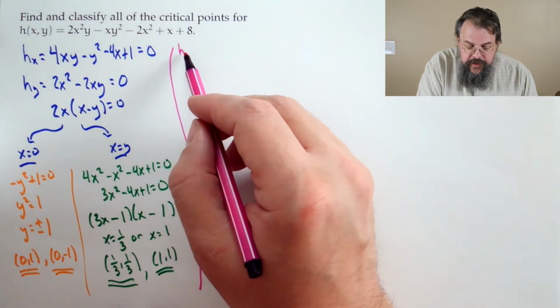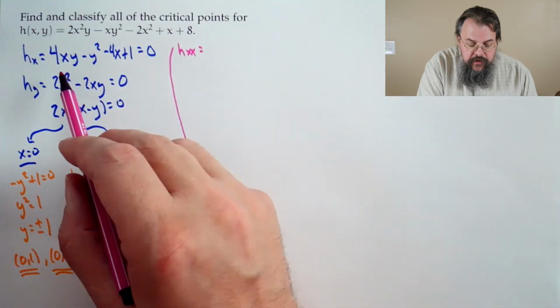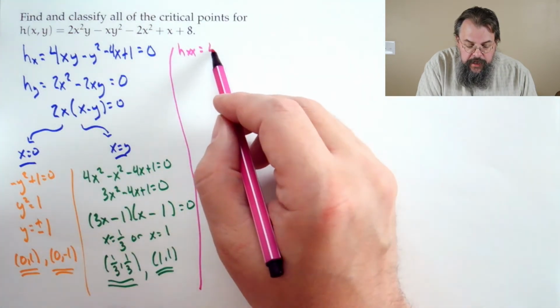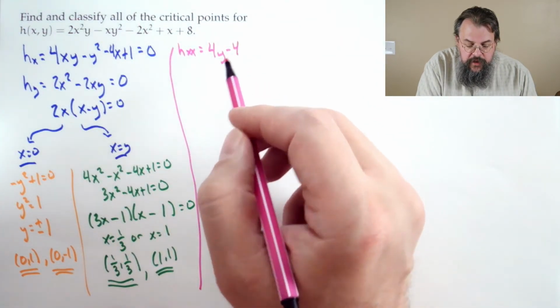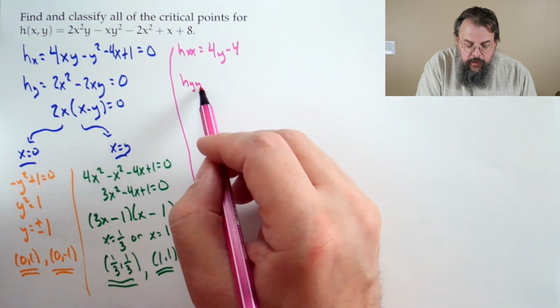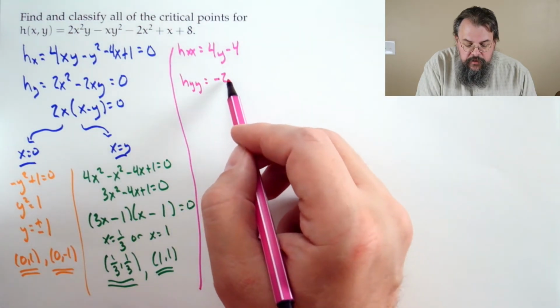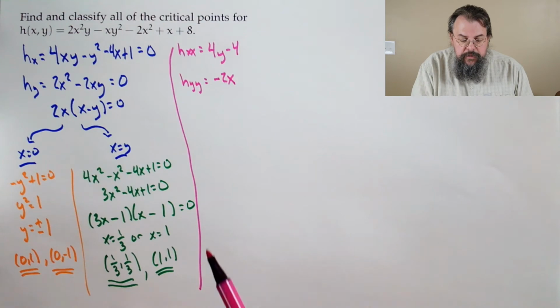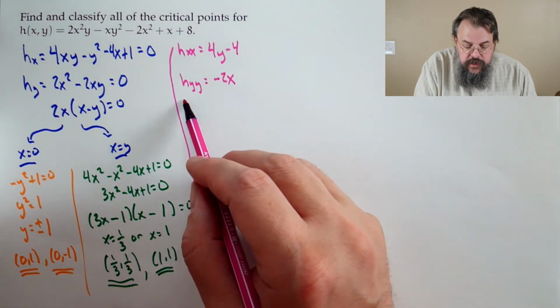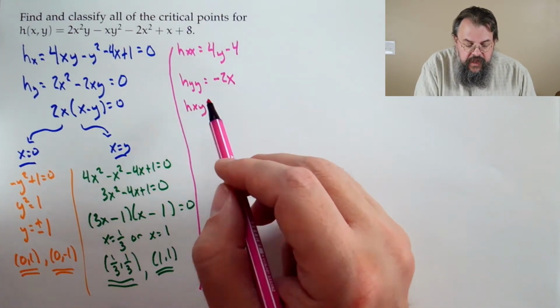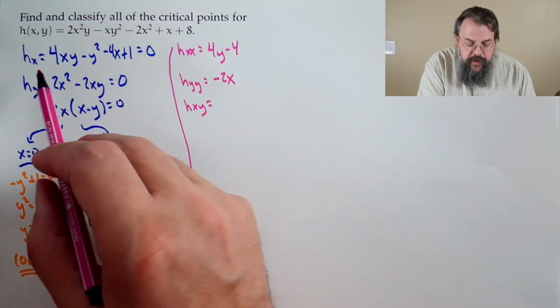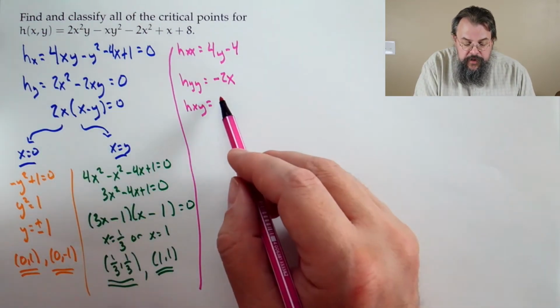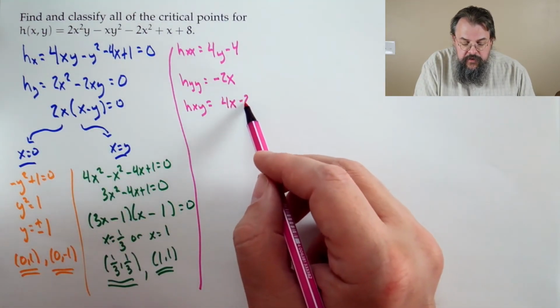So, second derivatives, hxx. We have 4y minus 4. hyy is minus 2x. All right, that's pretty good. Hxy: if I come to hx and take the derivative with respect to y, we'd have 4x minus 2y.